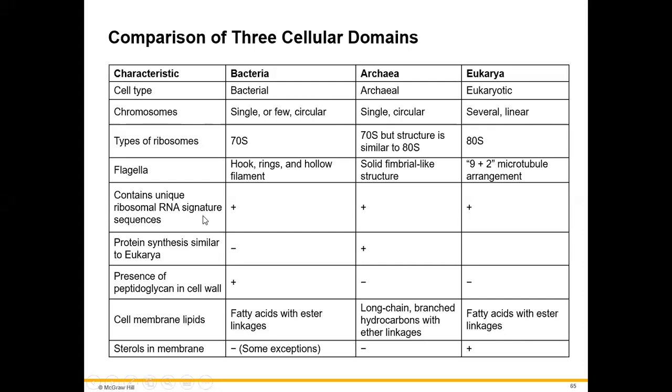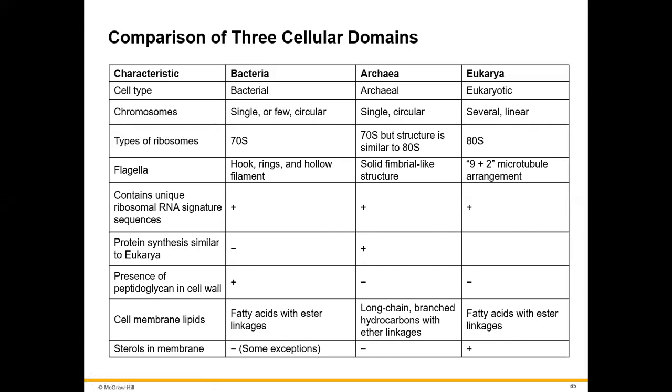They all have unique ribosomal sequences that only identify them. So if you sequenced the ribosomal RNA, you would see that for bacteria it's unique and different than the archaea, eukaryotes, and so on. So these all have unique sequences.